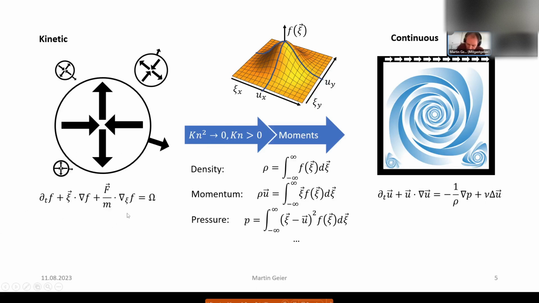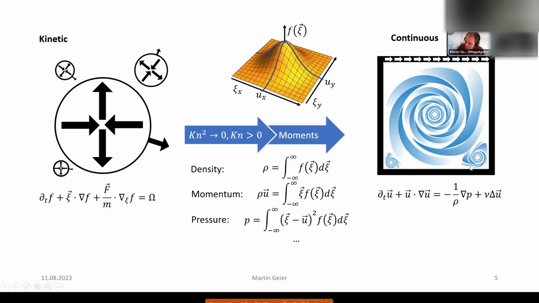If you take this distribution function f, which is a distribution of particle velocity, and you take some moments thereof, so you integrate over them, then you get the density as the 0th moment, you get the momentum as the first moment, and you get the pressure or the energy as the second moment.